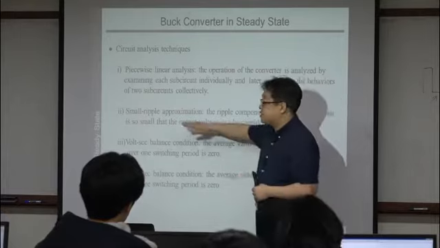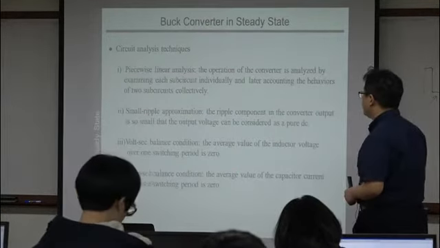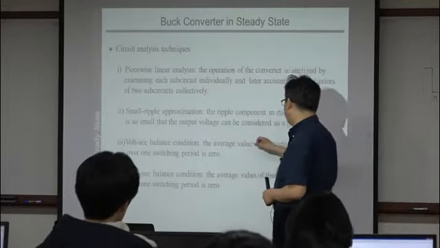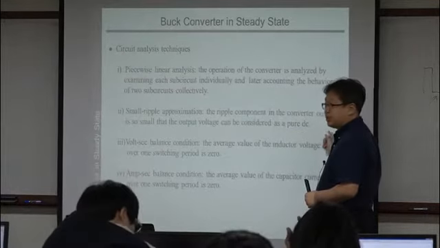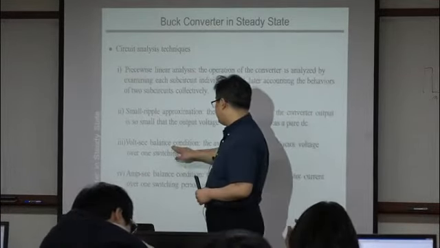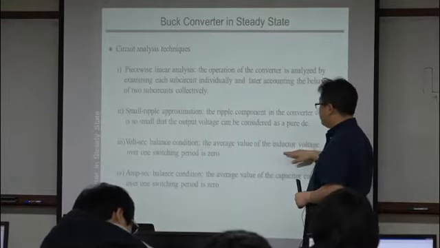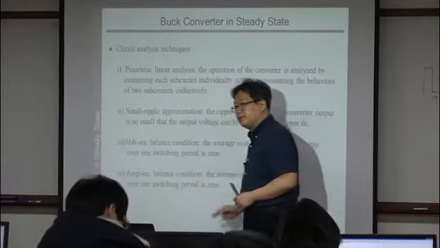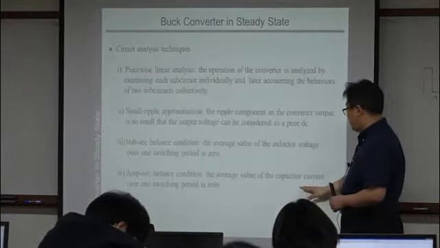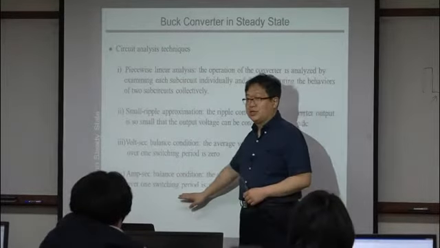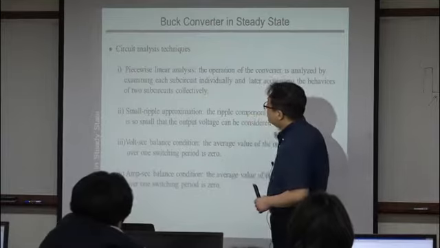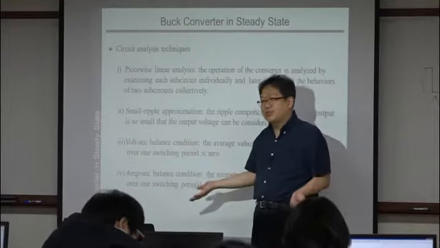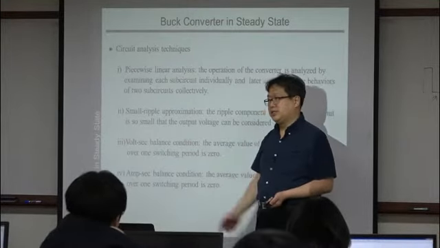That is the concept of the small ripple approximation. The ripple component in the converter output is so small that the output voltage can be considered as pure DC. Volt-second balance: the average value of the inductor voltage over one switching period should be 0. And amp-second balance: the average value of the capacitor current over one switching period should also be 0. Then with these techniques, you can analyze a buck converter, even boost or any kind of converter in steady state.